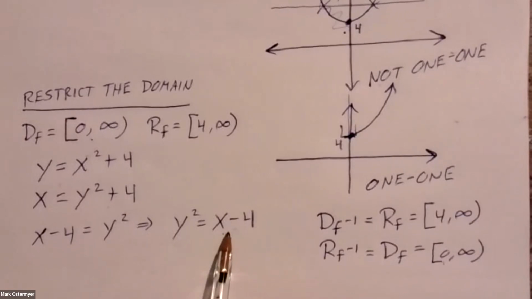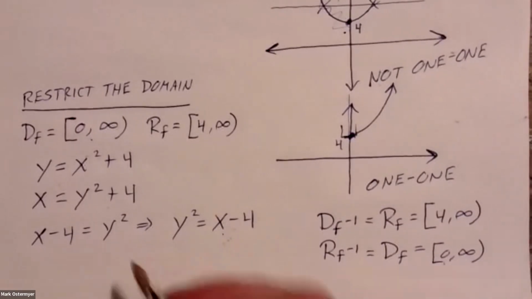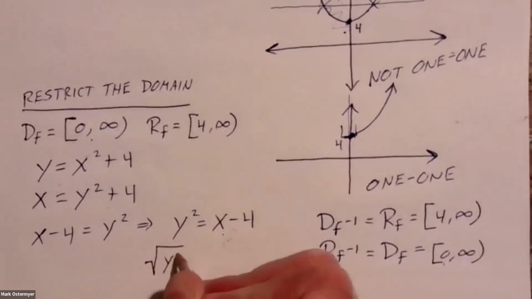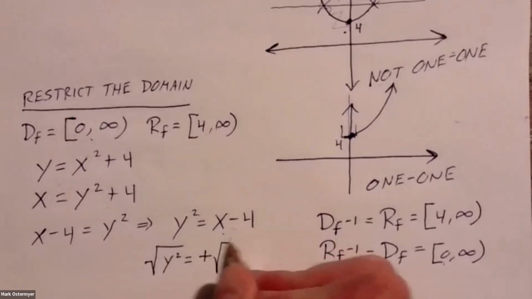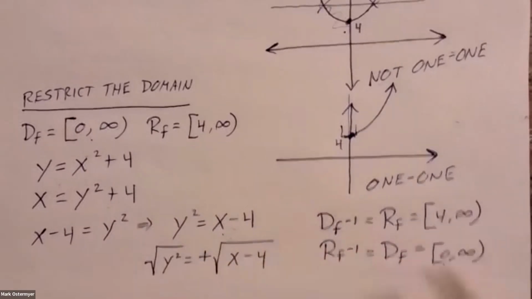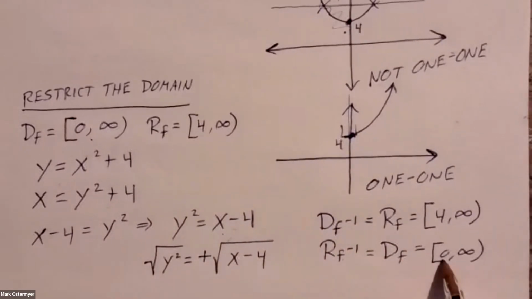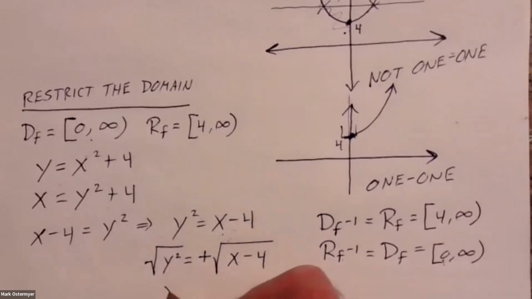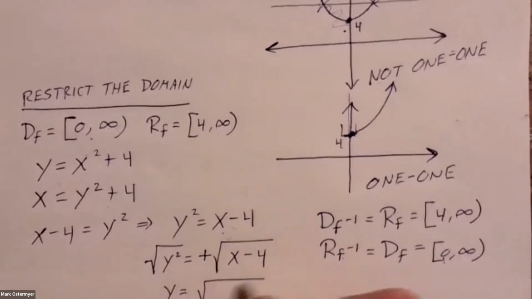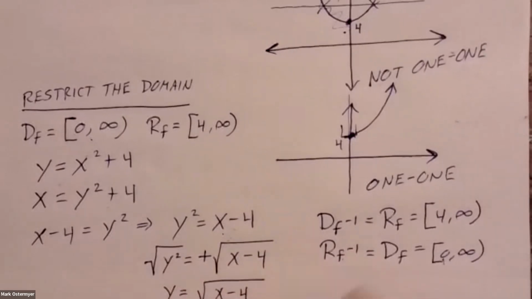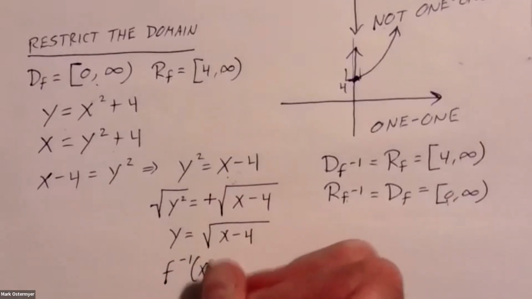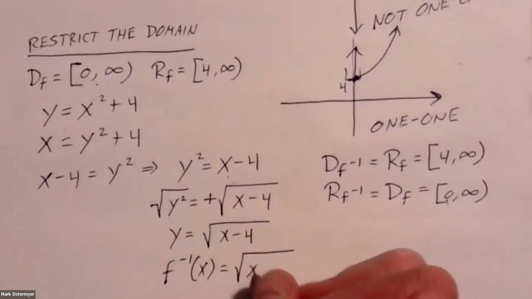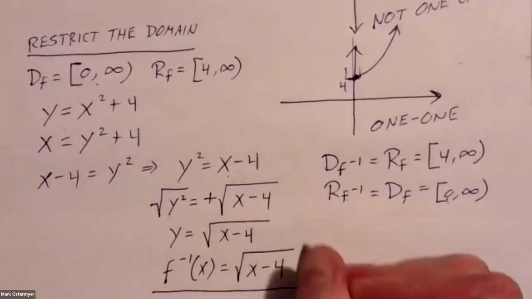Well, it's got to be the positive square root, because the range of my inverse function is to consist of all numbers that are not negative. Therefore, y is equal to the positive square root of x minus 4. We have our inverse. Going to inverse notation, f inverse of x is equal to the positive square root of x minus 4. This is your inverse.